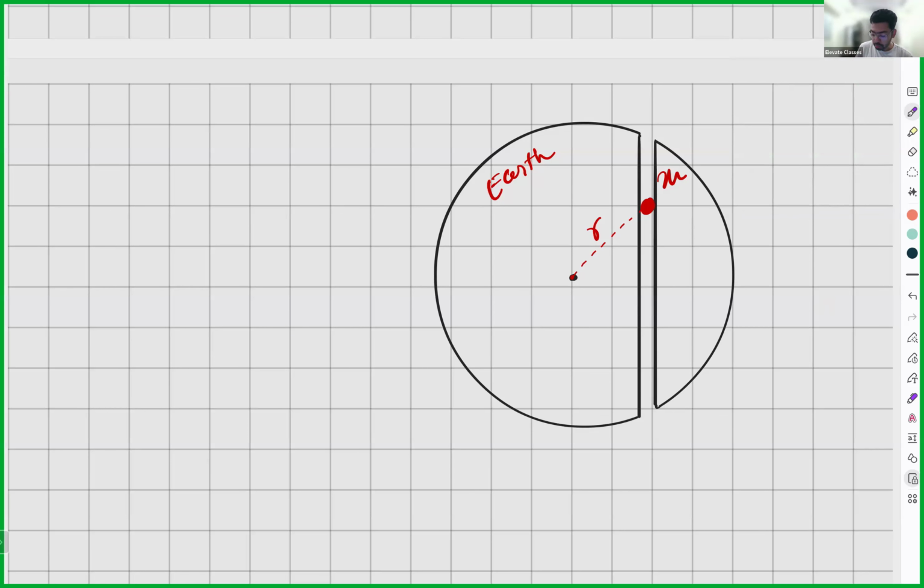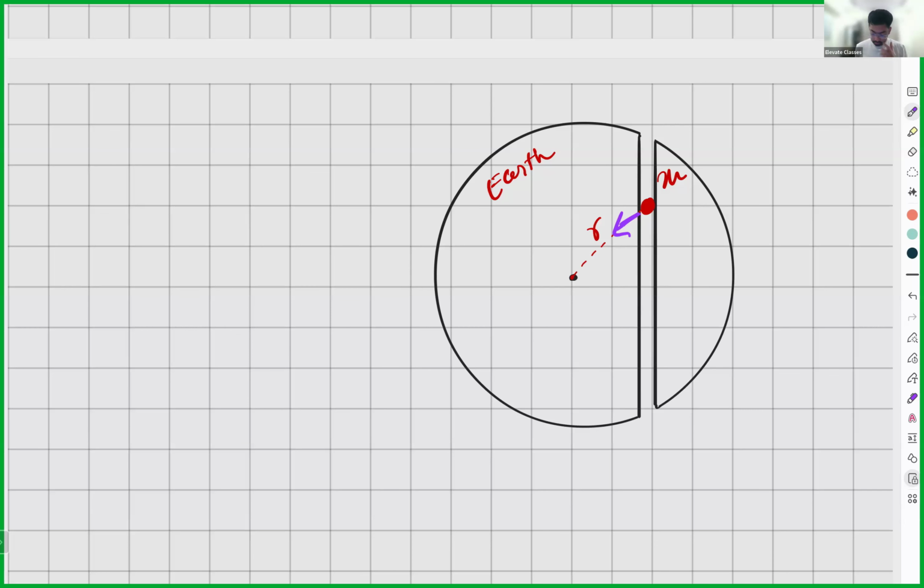Now at this general position, what is the force on the small m? Can you tell me what is the force on small m and where is it directed? The force is directed towards the center, good. And the small force will be dF equals G m dm by (R minus r) square.